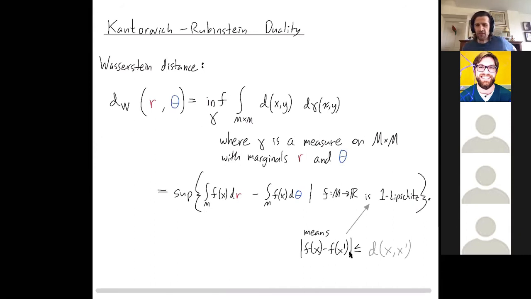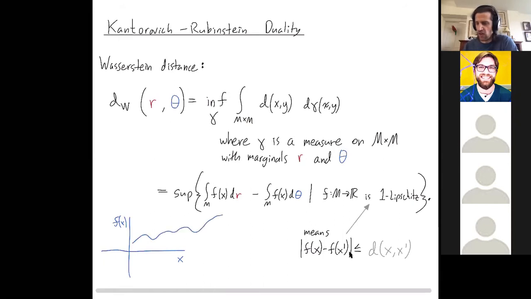What does it mean for a function to be one-Lipschitz? It just means that the distance between the outputs of the function is bounded from above by the distance between the inputs. In other words, if your function was differentiable, then you'd have slope at most 1. So here's the xy plane, and I want to draw a function f of x. A one-Lipschitz function would never have slope more than 1.